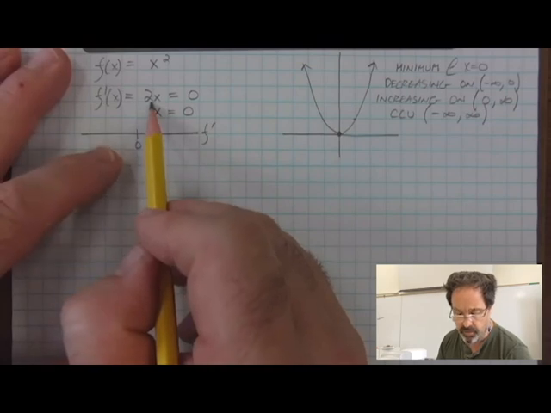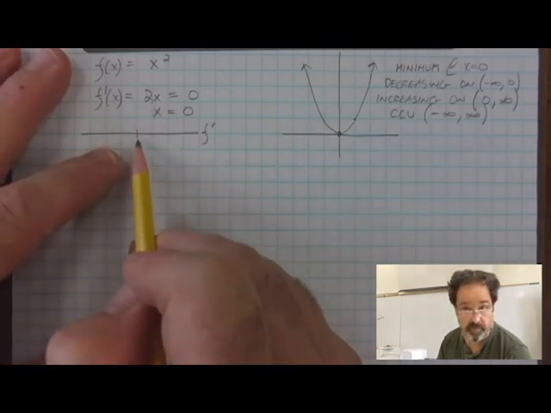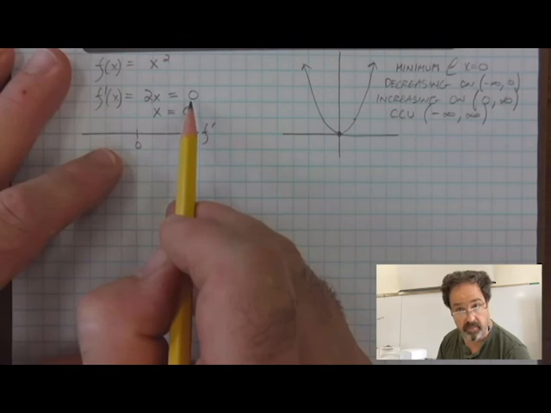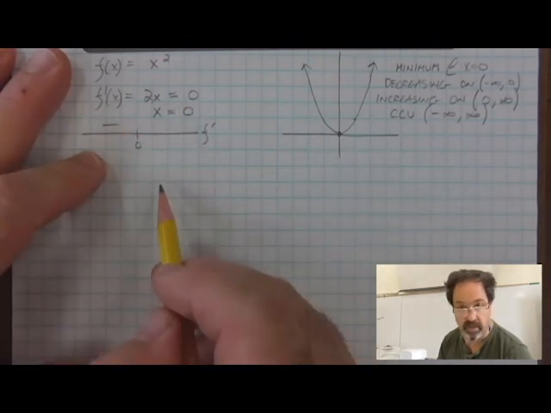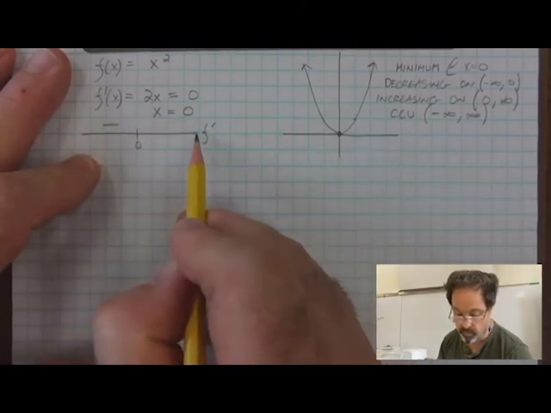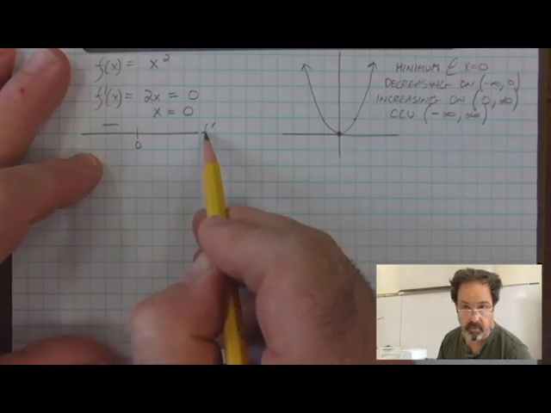Let's imagine putting negative values into the derivative. Those are values before 0. If I put any negative value in for x, then the derivative is going to be negative. I can show that on a number line where this is the domain of the derivative, f prime.